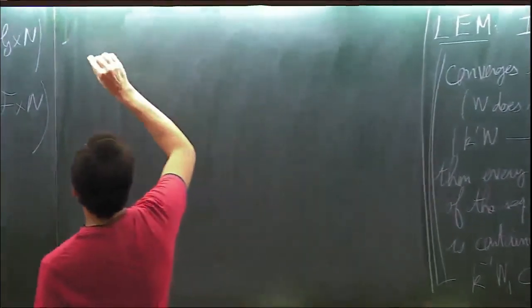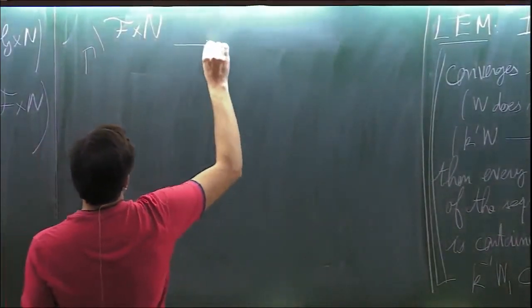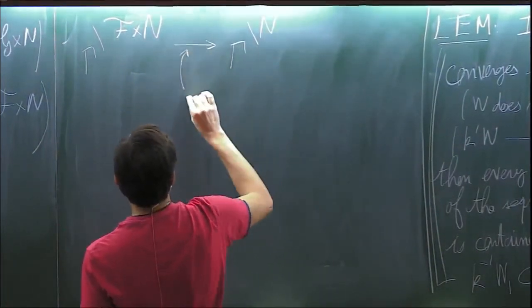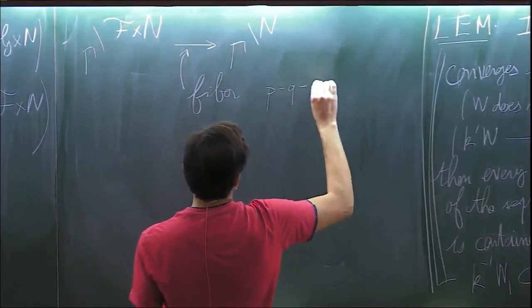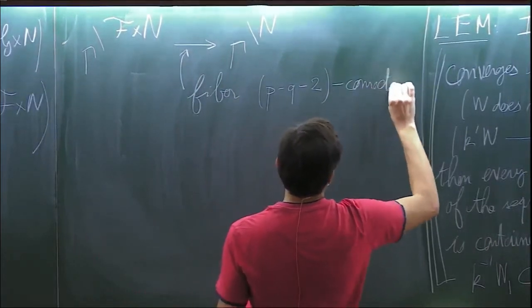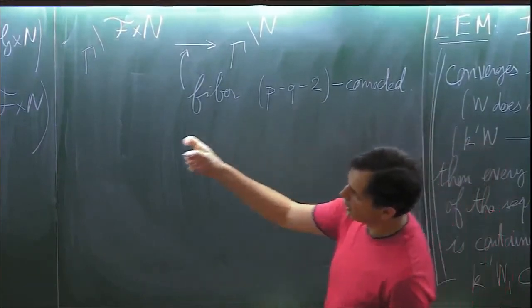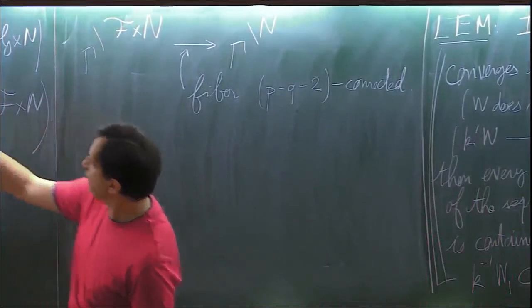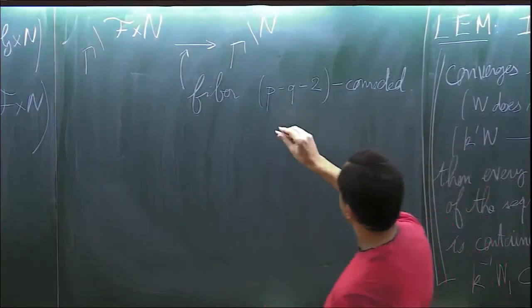So the first thing is that you have a map from this space to the quotient space with fibers that are (p minus q minus 2)-connected. So if this number is bigger than m and m plus 1, these two spaces are really just isomorphic in cohomology.